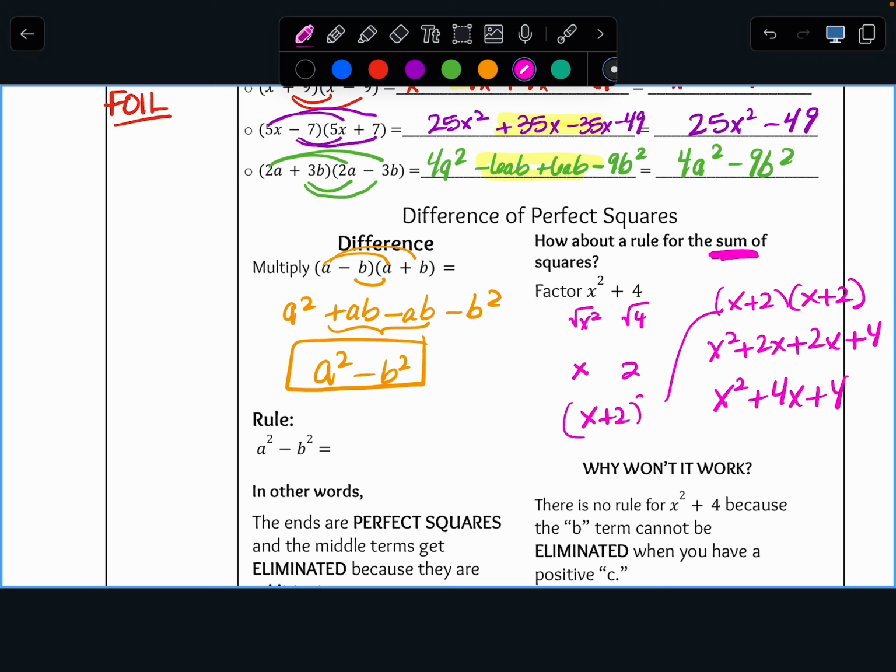This is not the same thing. This does not work with that rule. They're not equal. So there isn't a rule for the sum of squares, only for the difference of squares.